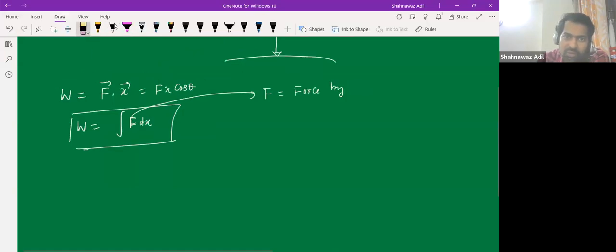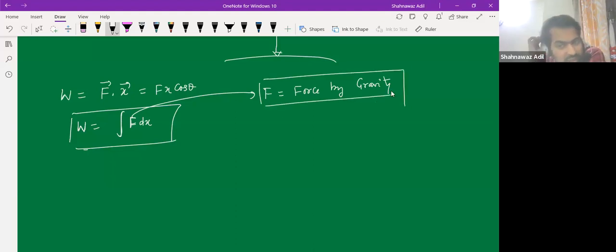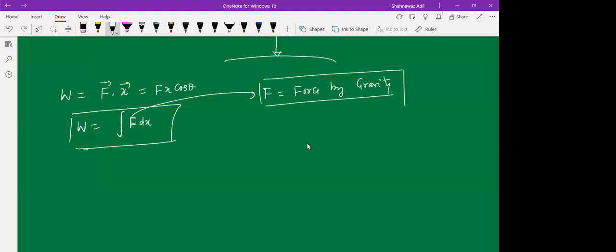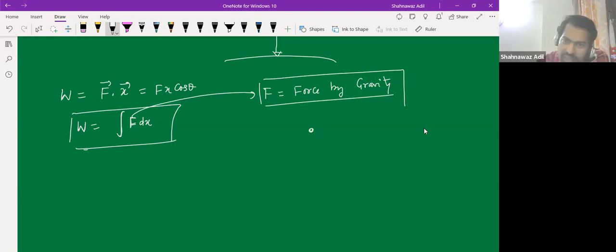If these are two objects, M1 and M2, with separation x, then the gravitational force would be G M1 M2 divided by x squared.